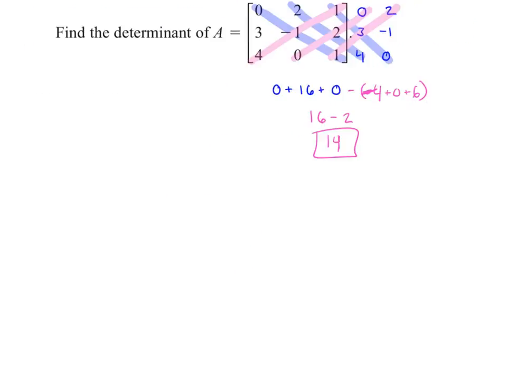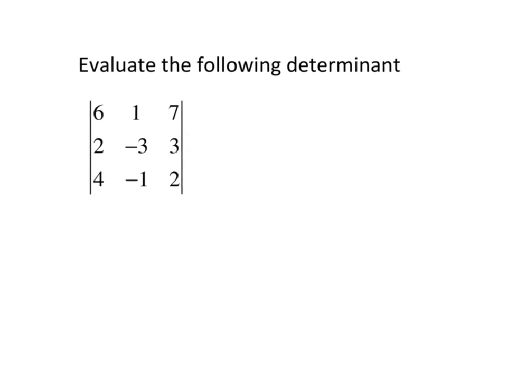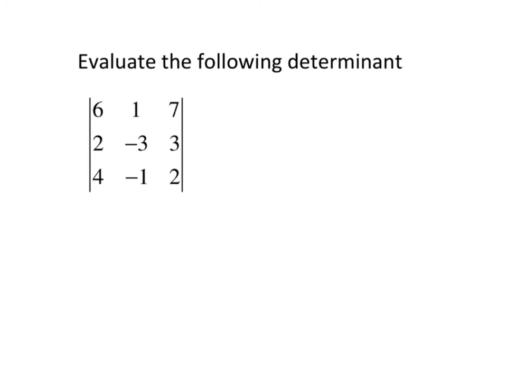Alright, so again, we have to find the determinant. What's the first thing we need to do? Rewrite the first two columns. So we have 6, 2, 4, 1, negative 3, negative 1. Because that's just the way we have to find the determinant.